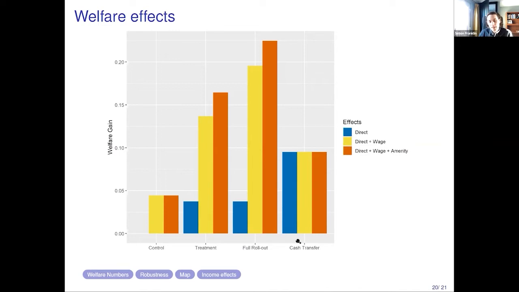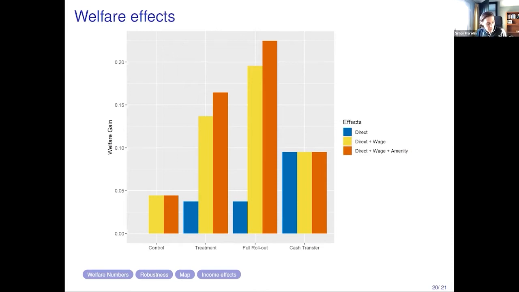And the last point that we make is that if we compared this to cash transfers, just giving people the same monetary amount that they're given for doing the public works, but without a work requirement and without the public works component that's being rolled out, we estimate that welfare would be significantly lower, both in the partial and full rollout.